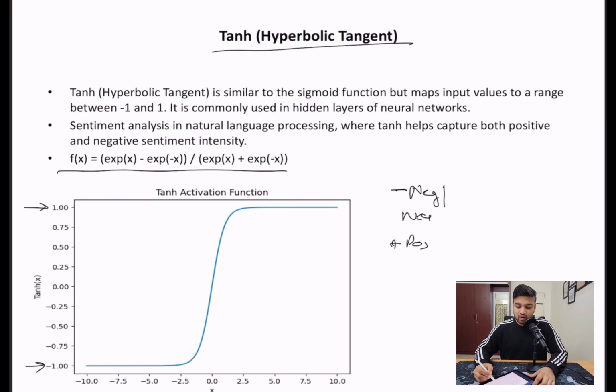You want to capture all three of these, and where you have this type of problem statement, TanH is a very good option to use, right? This is how the plot of the TanH hyperbolic tangent activation function looks.